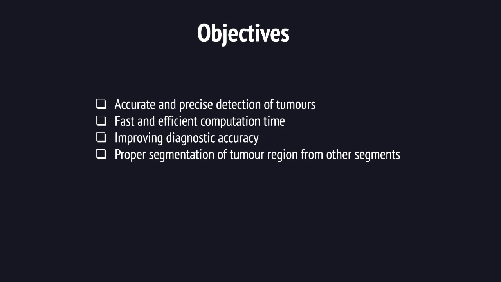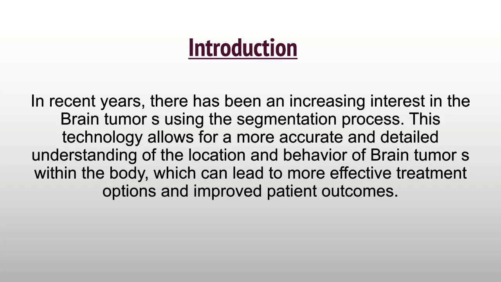So the introduction: brain tumors are analyzed using the segmentation process. These technologies allow for a more accurate and detailed understanding of the location and the behavior, and that would give an improved situation for a patient's outcome.